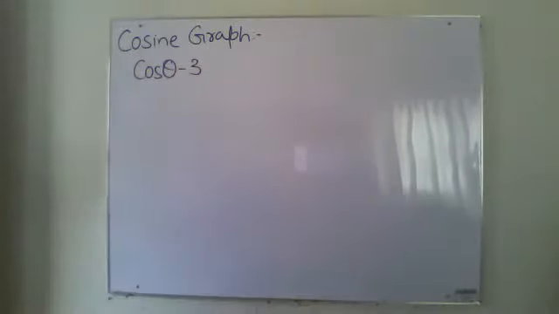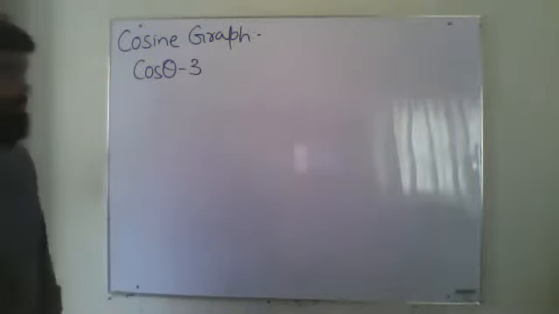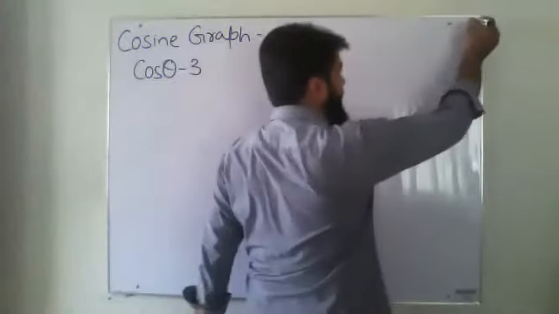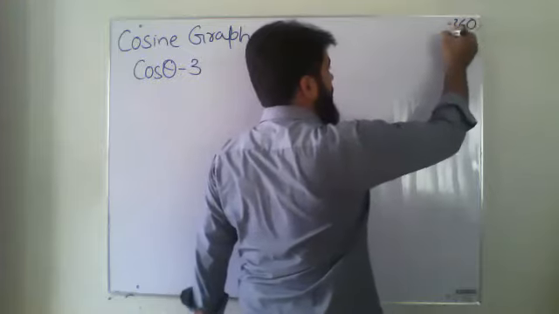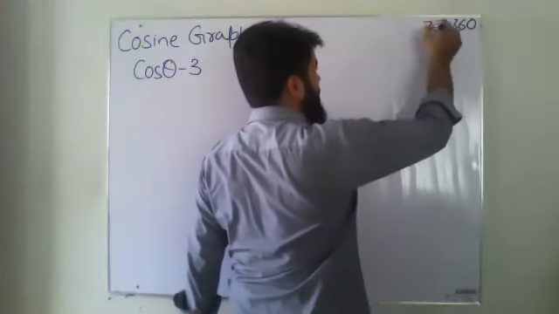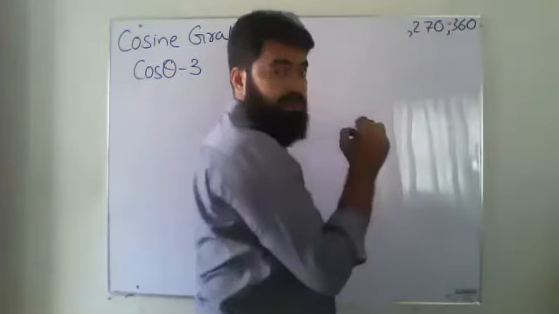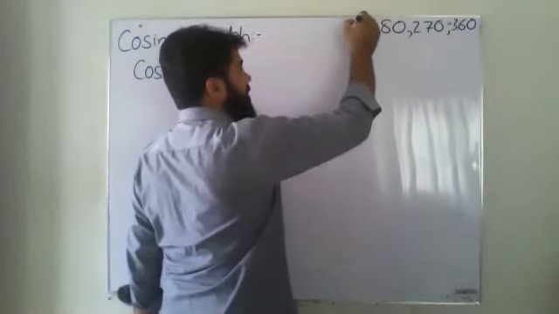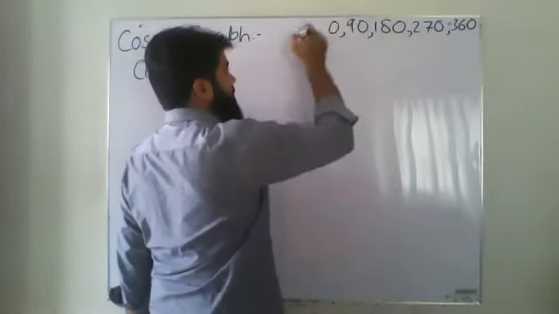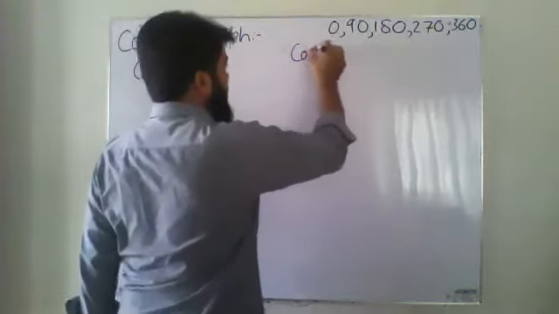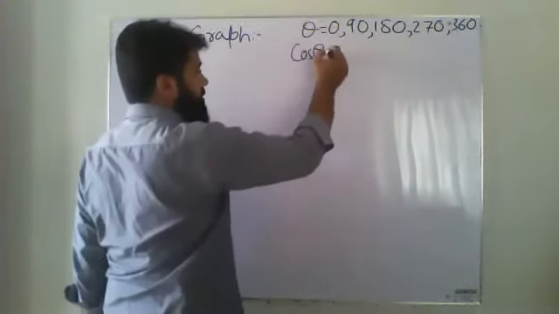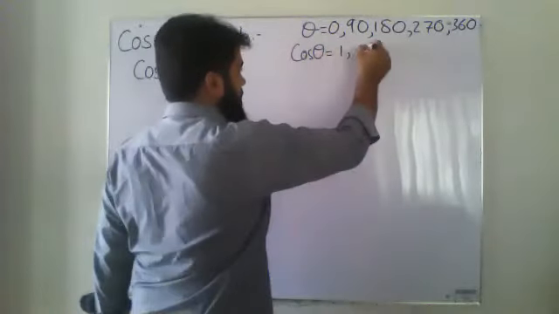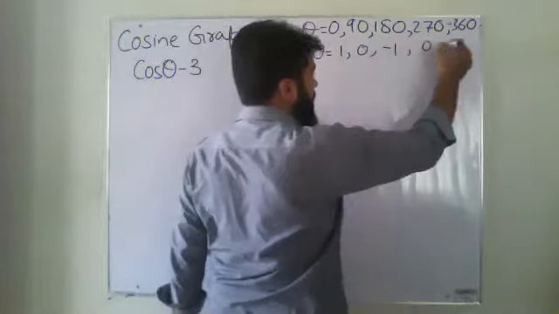Now I'm going to do the cos theta - 3 graph. I'm changing the axis, so this is a change of axis question. I'm writing the angle values 0, 90, 180, 270, 360. Cos will be 1, 0, -1, 0, 1.